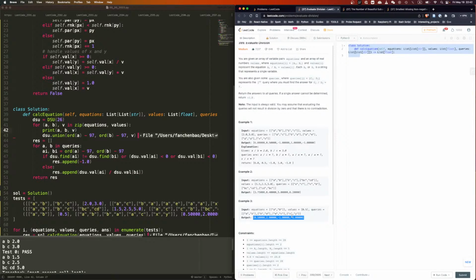Like if you have A, B, and C, D, should you put them together? If you have AB and CD, you say AB divided by CD equals something. Actually, I'm not quite sure. What if I have A, B, C, D?